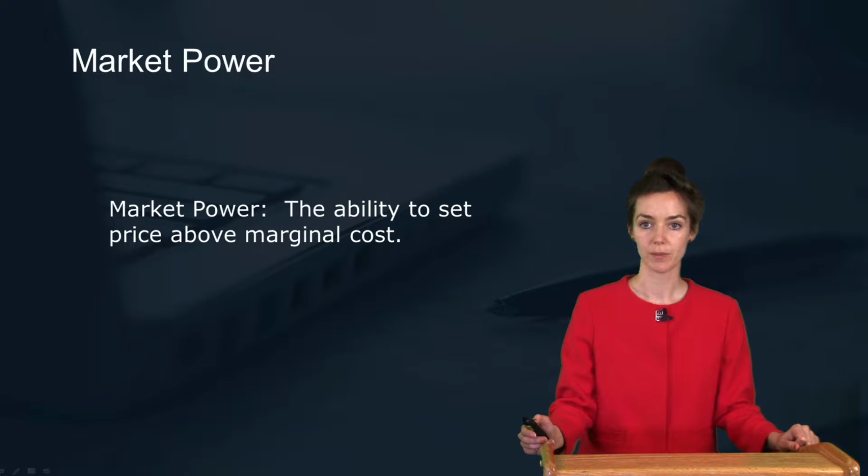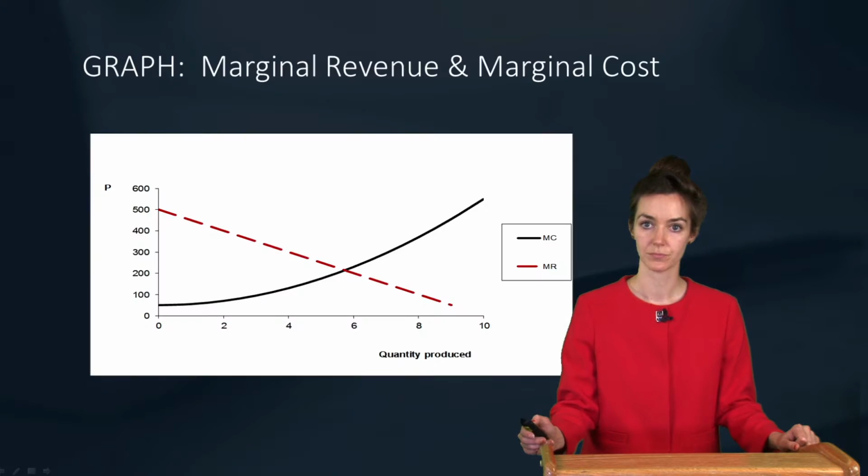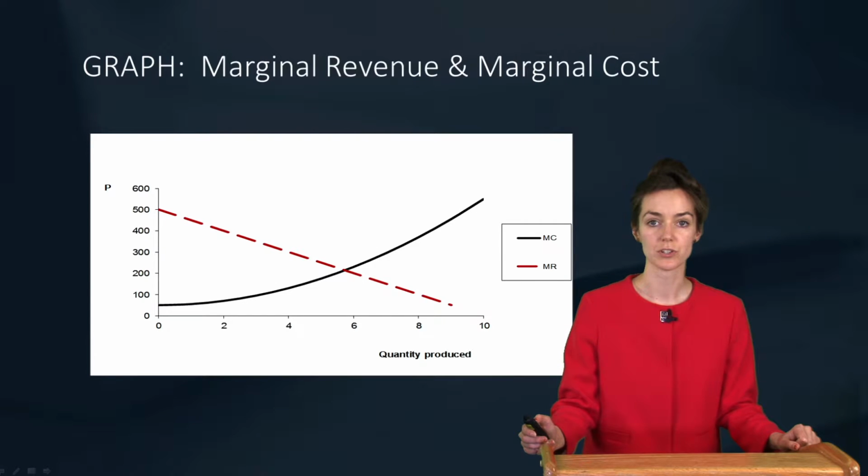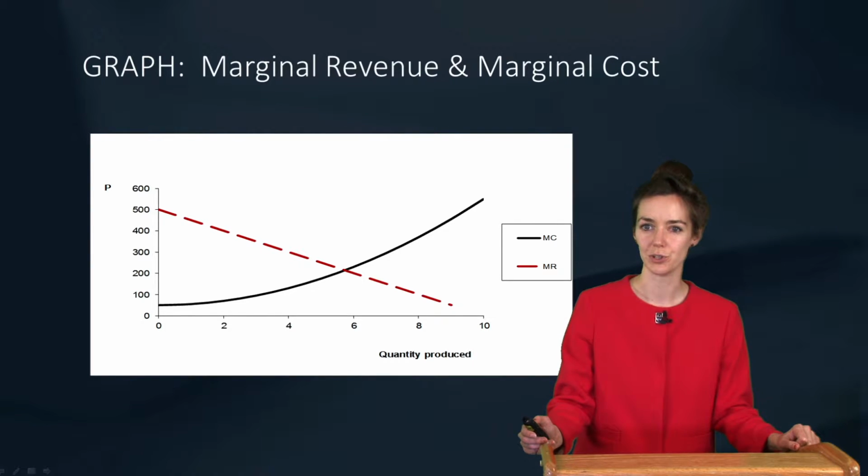So market power, by definition, is the ability to set price above marginal cost. Price-taking firms don't have this ability. So let's take a look at a graph. What we have graphed here is marginal revenue and marginal cost. And if you are a price-setting firm, at what quantity will you want to produce?